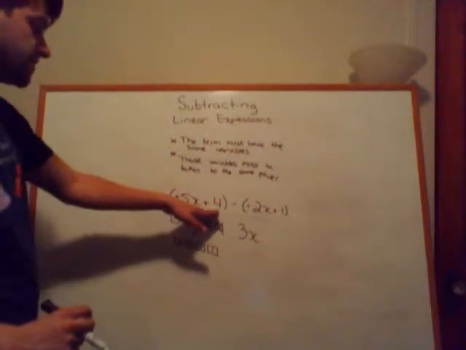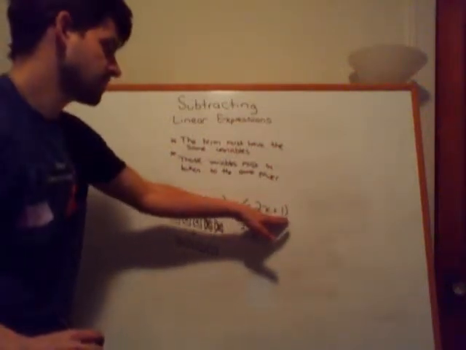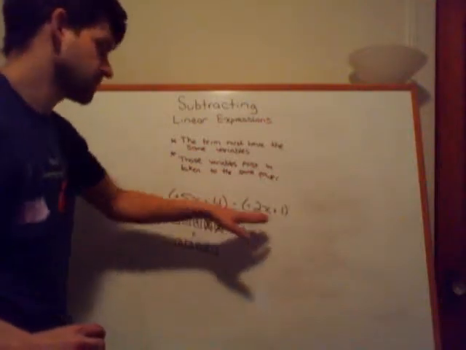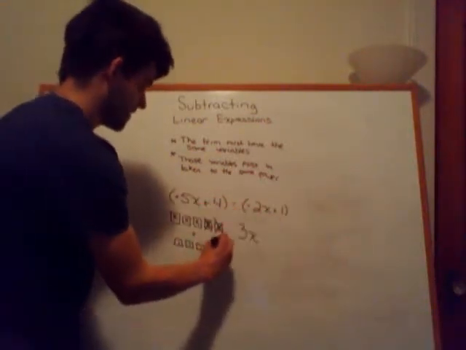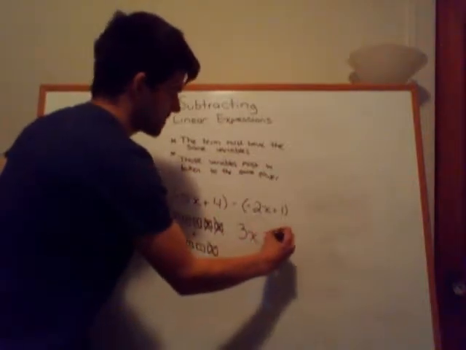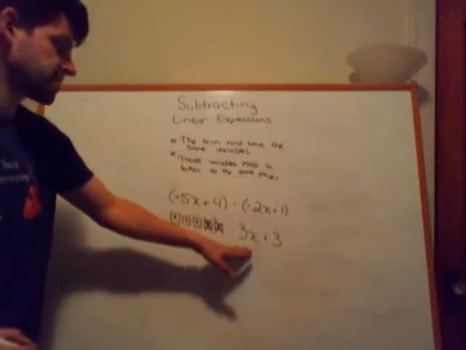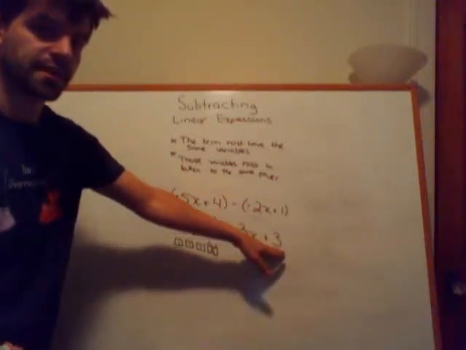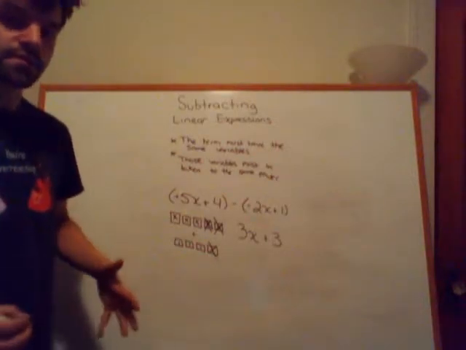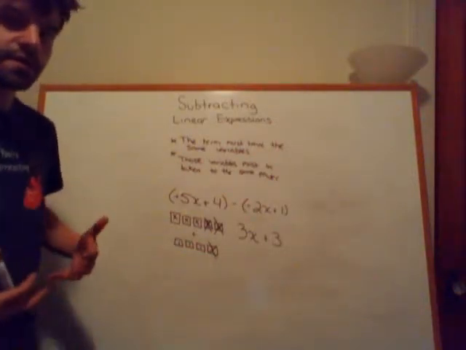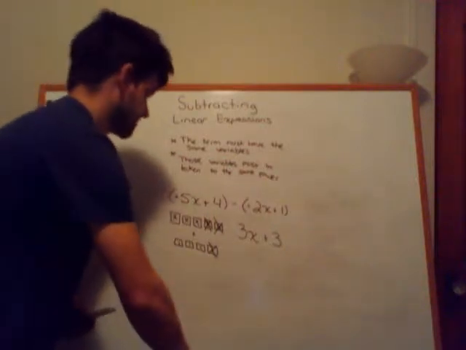Likewise, if I have positive 4 and take away a positive 1, remember constants are like terms, positive 4 minus a positive 1 is a positive 3. So my simplified expression after taking the difference is 3x plus 3. Remember that our ultimate goal when we're subtracting is to combine like terms to make one simpler expression.